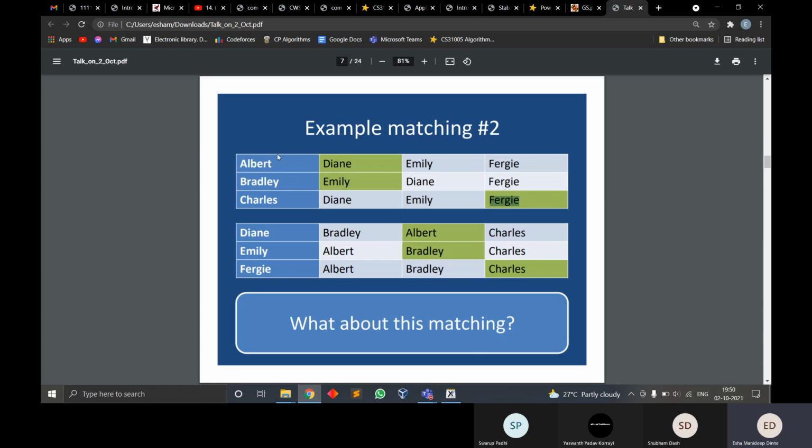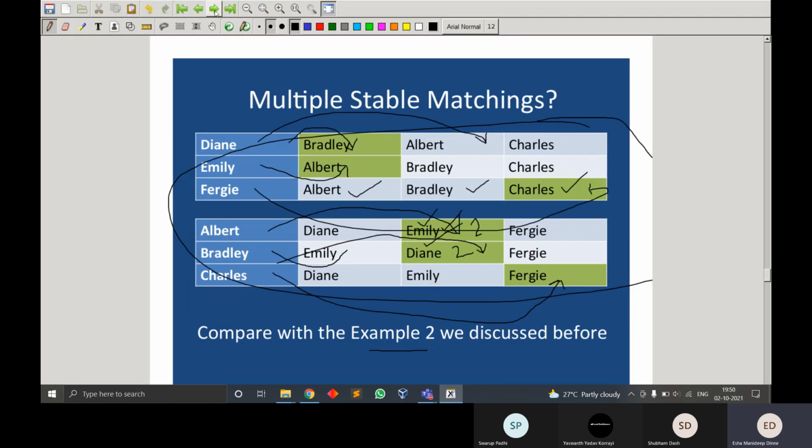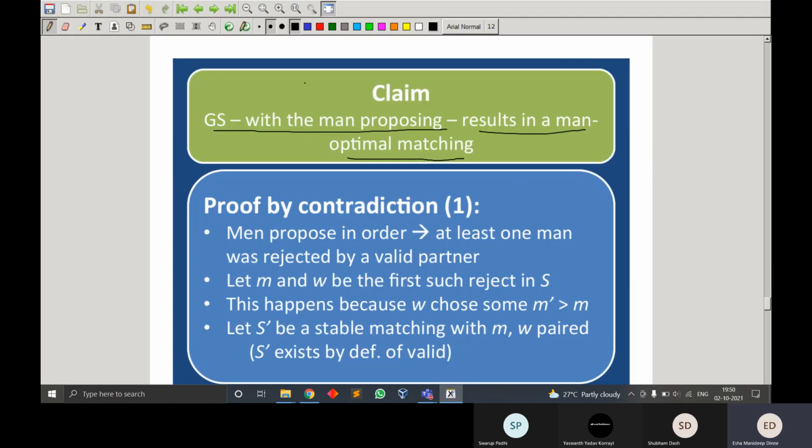So if you run the Gale-Shapley algorithm on these two tables, these preferences, these persons, you will get this example matching 2 as your output. So Gale-Shapley is skewed. It will give you a man optimal matching, and this is the proof. I'll upload the slides if anybody wants to look into this.